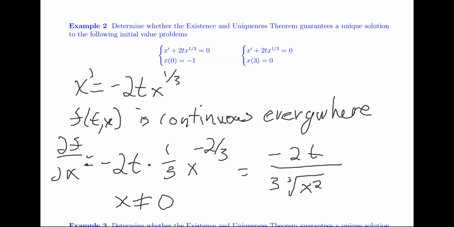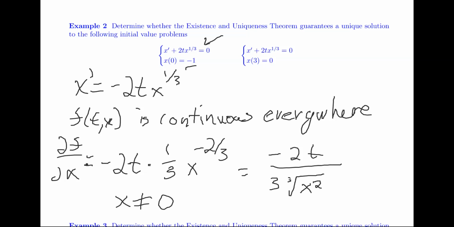So for this first one up here, the existence and uniqueness theorem guarantees that this first equation does have a unique solution, because x here is negative 1. Which means it's not 0, right? So this does have a unique solution.